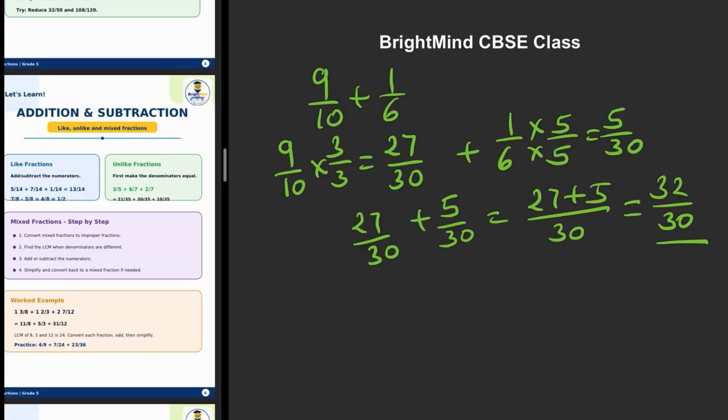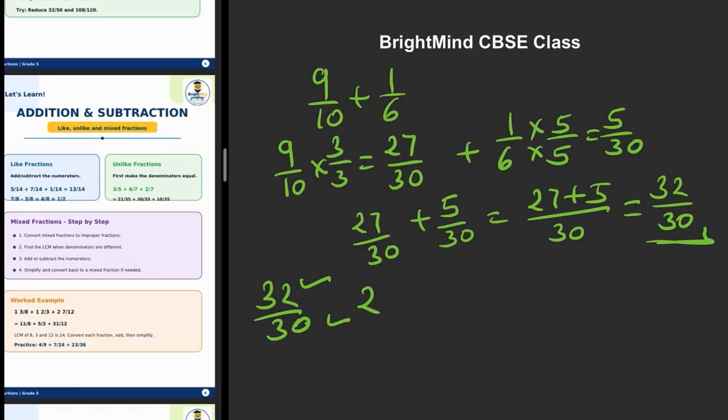Okay, or if we want, we could reduce this fraction. 32 by 30, we can reduce the fraction. How? Well, we have a common factor of 32 and 30. They are both divisible by 2.